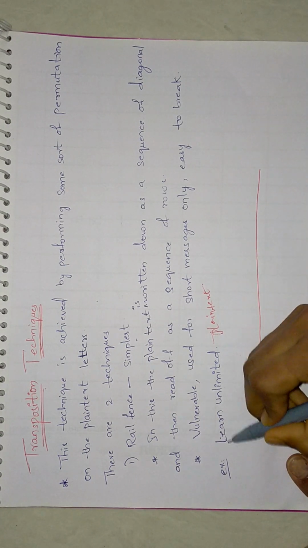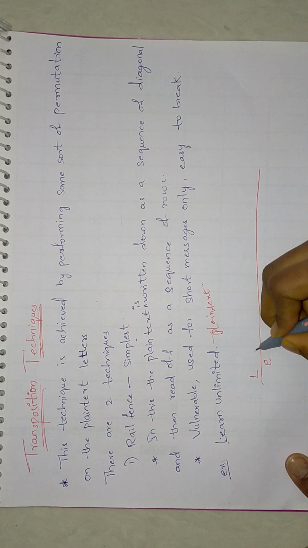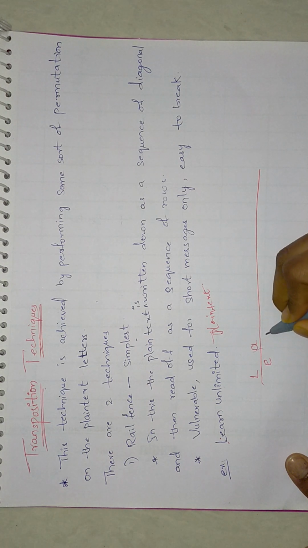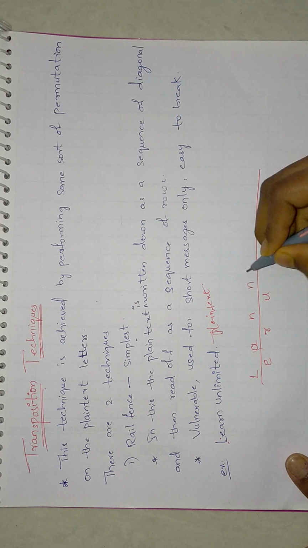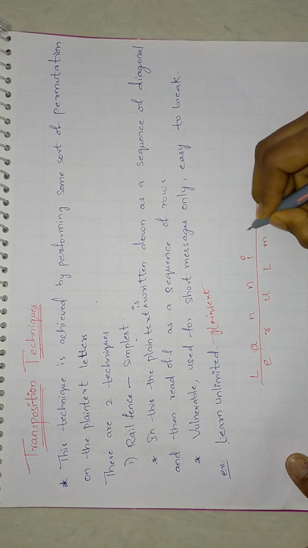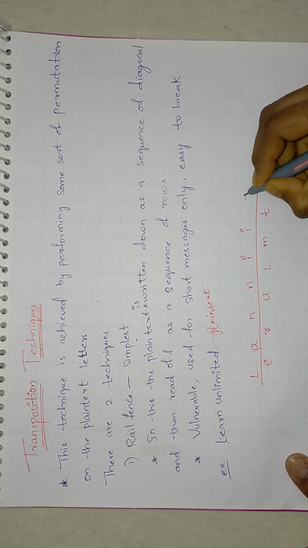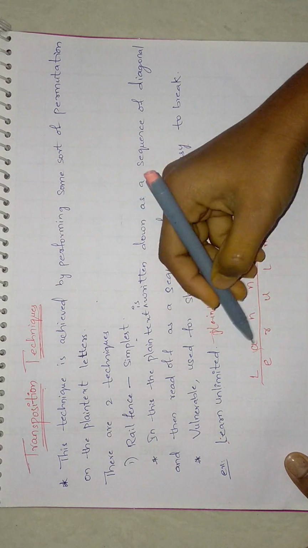The first letter is L, so write it here, then E here, then A here, R, N, U, N, L, I, M, I, T, E and D. So you have to write diagonally.